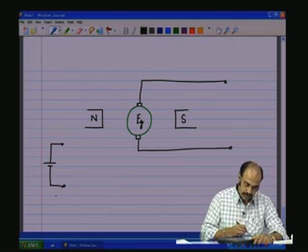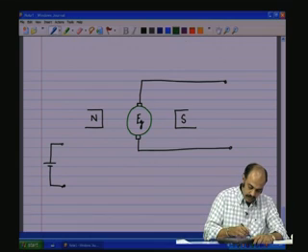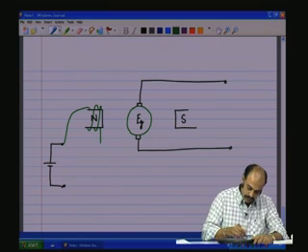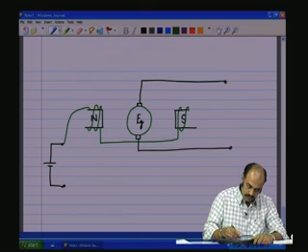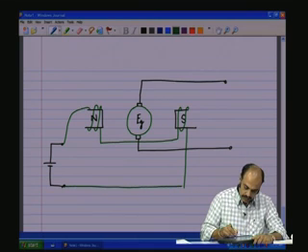So, we have a battery here, and that is wound onto the core like that, then goes in here, this is wound onto the next core, and then brought down, connected across the battery.